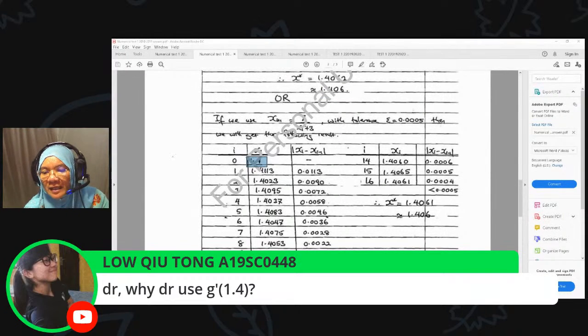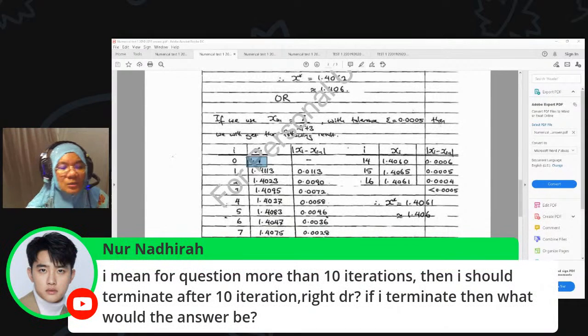Why 1.4? Because, as I told you, 1.4 gives fast convergence. 1.5 is too slow. So for a question needing more than 10 iterations, should I terminate after 10 iterations, doctor? If I terminate, what should be the answer?